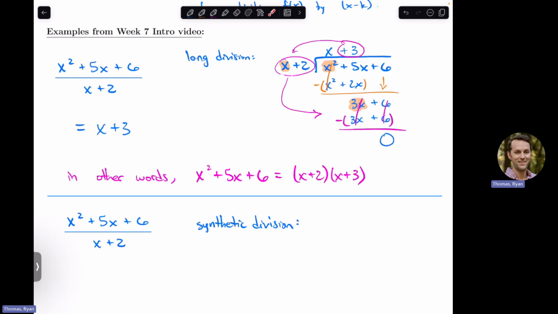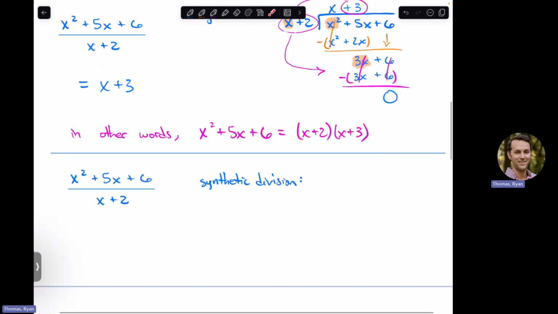But synthetic division basically says, hey, what if I took just the most important parts of all the stuff that just happened and boiled it down to what I absolutely need. Synthetic division is a little more of a trick the first couple times you see it because it is a shortcut thing, right? It's sort of an artificial, what if I took this and threw away some of the stuff that's not necessary.